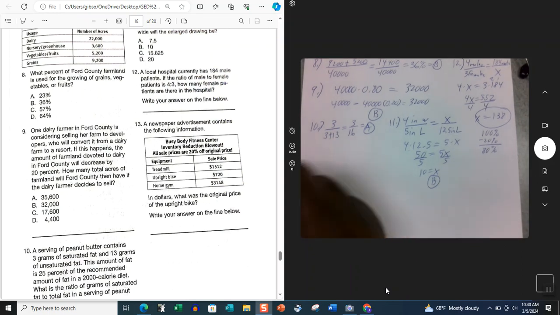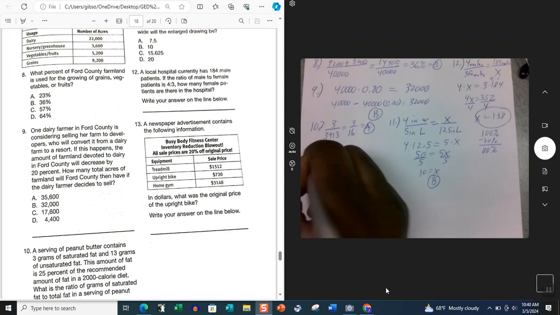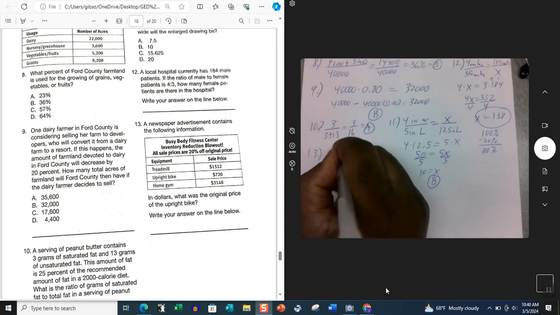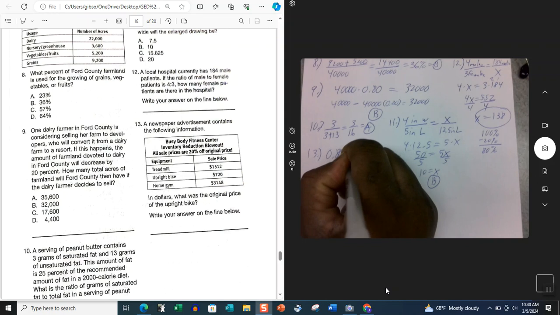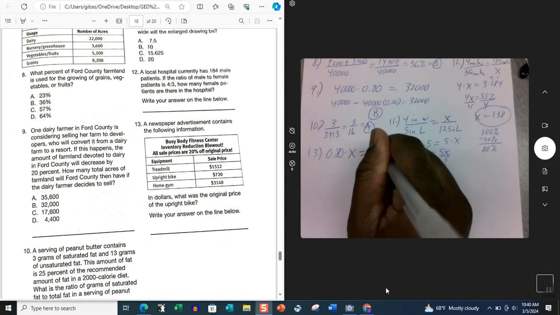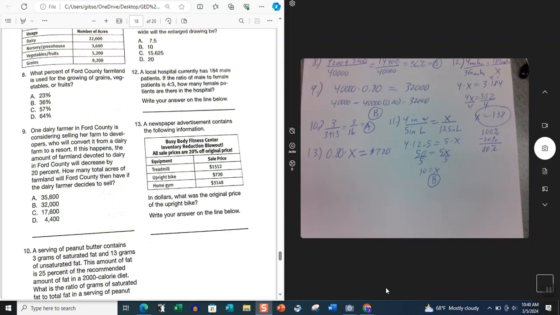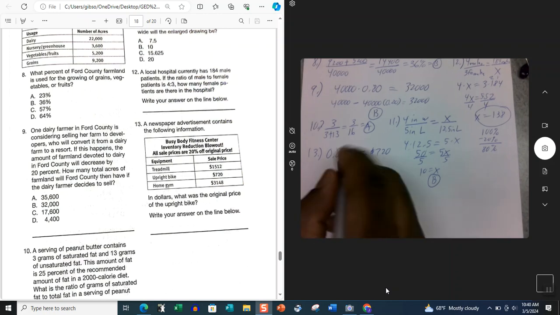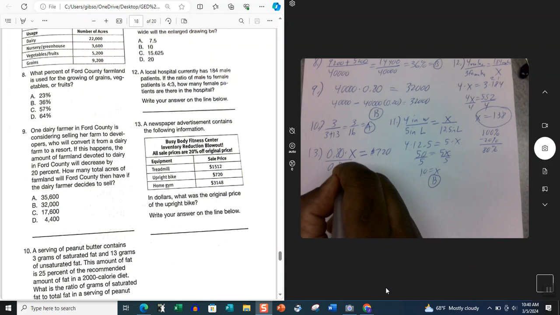So what you want to know is, you want to take 80% of the original price is equal to, and this is for the upright bike, is equal to $720. So 80% of the original price is equal to $720. So we'll divide each side by 0.80.